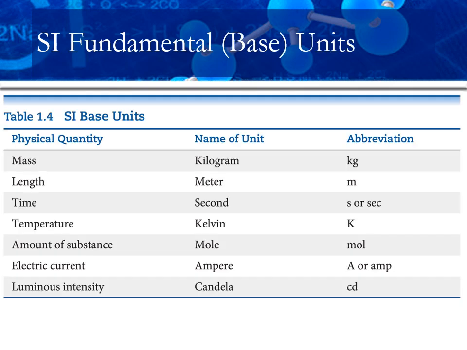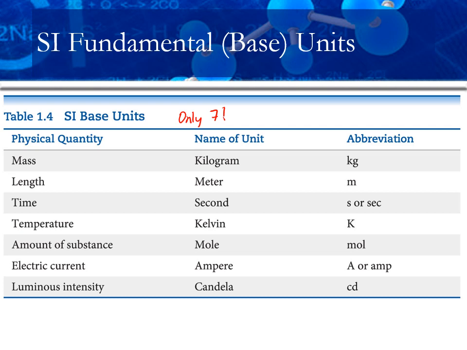Table 1.4 in our textbook shows a complete listing of all of the SI fundamental or base units. These are the units from which all of the other units for physical quantities are built up. These are the building blocks, if you like. And you should note in particular that there are only 7 of these units. This is a complete list.